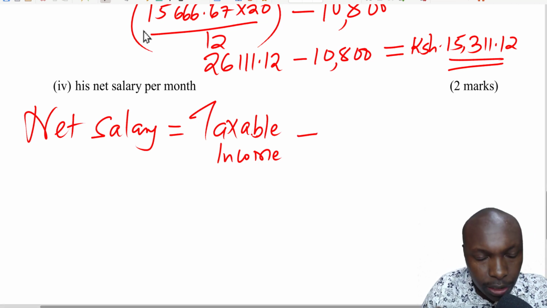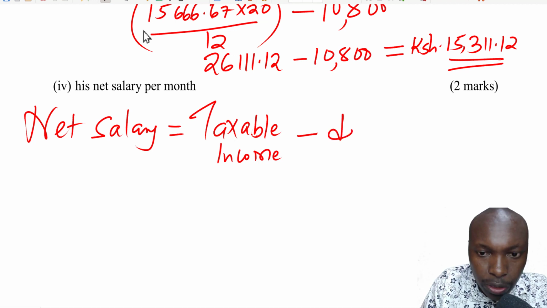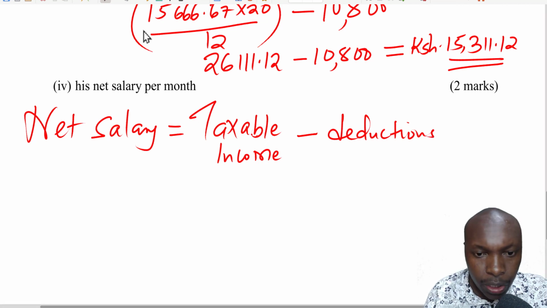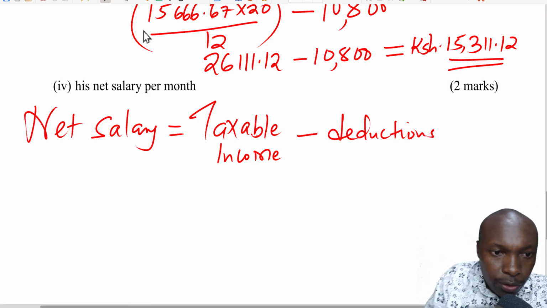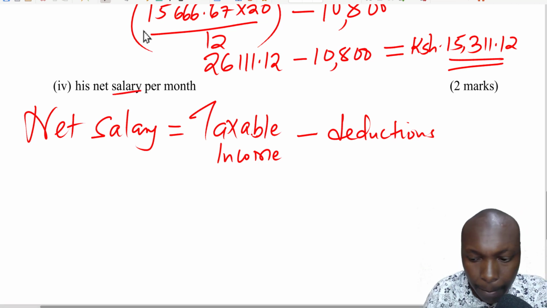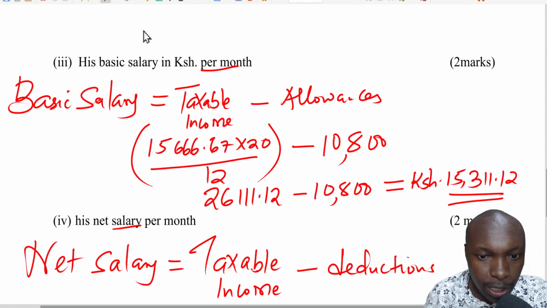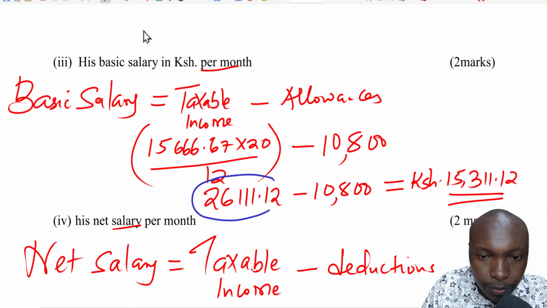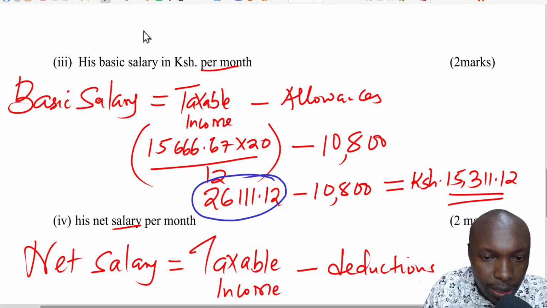So net salary is obtained by taking the taxable income, or the gross income, and subtracting all the deductions that are given. And of course net salary is given per month. So we need to get the taxable income per month, and that is what we have just obtained here. This represents 26,111.12. This is the taxable income per month.